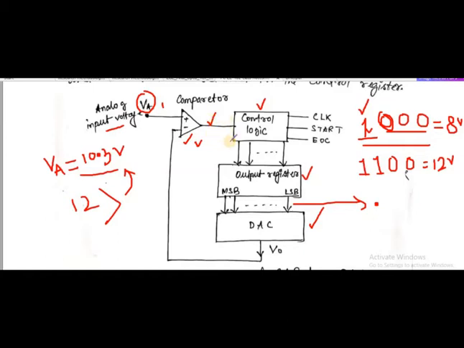If the output goes low, the control logic is designed such that it will reset this value to 0. When the comparator output goes low, this bit which was previously set to 1 will be reset to 0. So again the content of the output register will be this one.